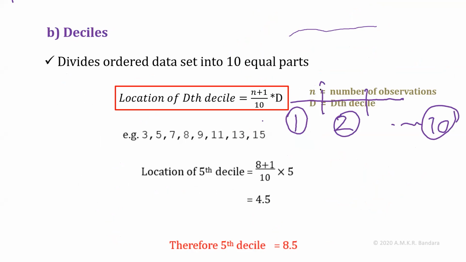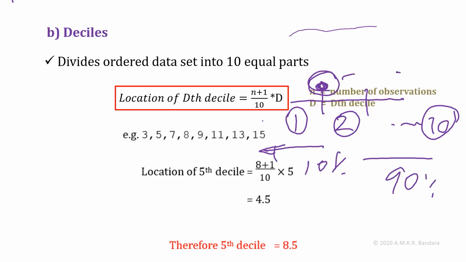So this is the location of the first decile, where 10% of the data is less than the first decile and 90% of the data is greater than the first decile.